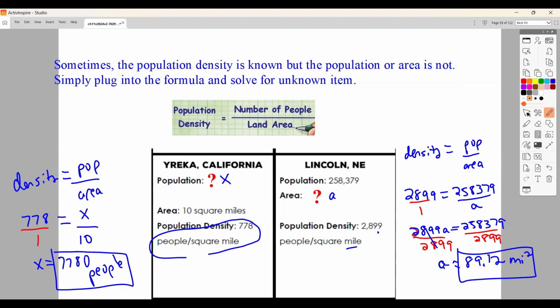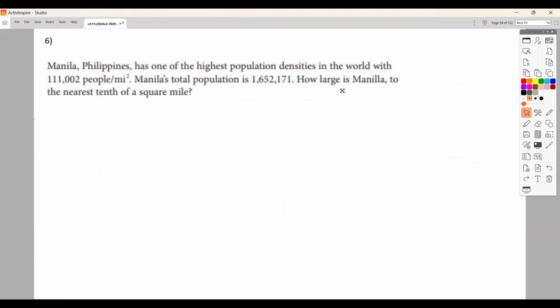Okay. Now I'd like you to try one where something is missing. If you look at the worksheet that I gave you, look at question number 6. Question number 6 is one of those where you have to work backwards to find what they're asking for. You can pause me and then play it again when you're ready. Okay, here's the answer. First things first, what is missing in this question?